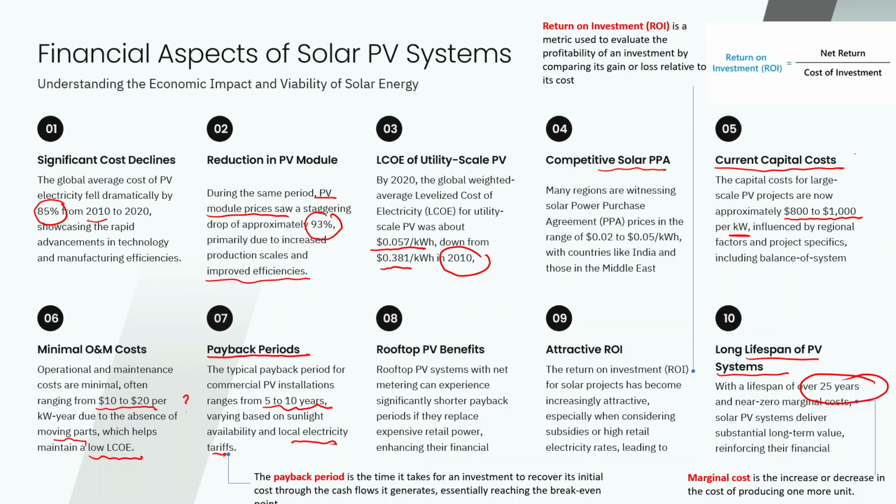So having a 5 to 10 year payback period is a very good factor for PV system projects compared to the long lifespan. Okay.